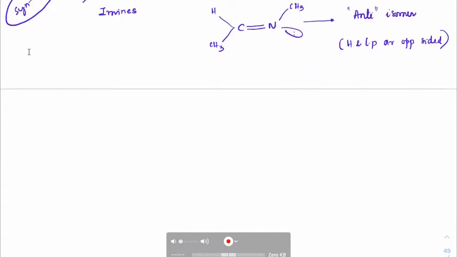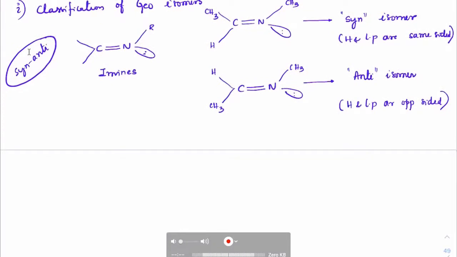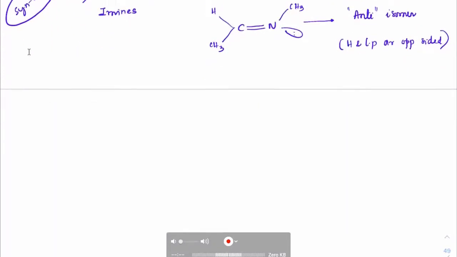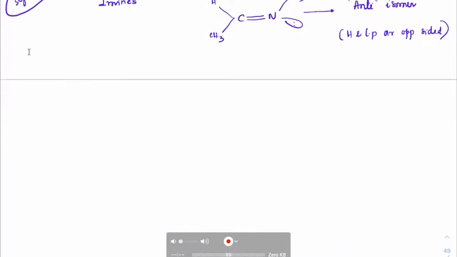Suppose that was the first example, where I took hydrogen and lone pair as a reference, correct? Suppose you have C double bond C, on one side I have methyl, on the other side I have ethyl, and on this side I have nitrogen with a lone pair, and maybe here also I have methyl. Got it?